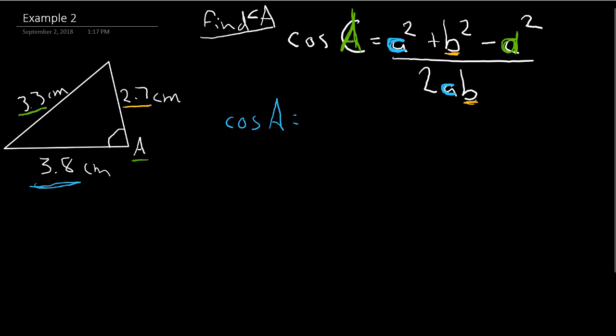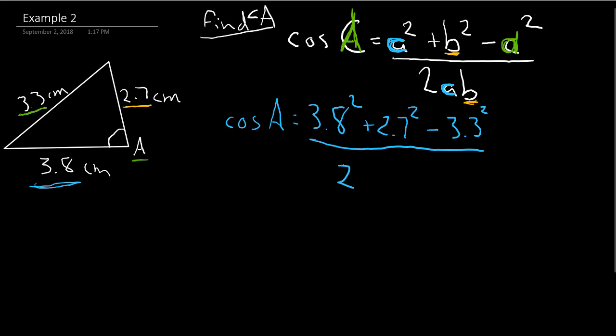So this is 3.8 squared plus, what is our B? It's the yellow one, so 2.7 squared minus A, which is in green, so 3.3 squared, all of that over 2 times CB, so 2 times, what is our C?